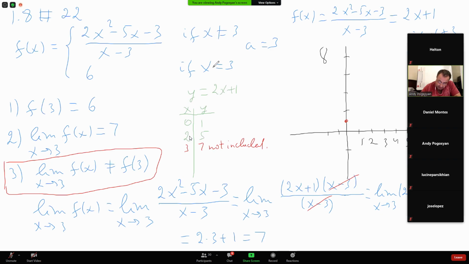So this is 2, 4, this is 5. 3, we have 7, which is not included. This is 7. It's open. Let's erase this. We don't need those. So the graph is this line.